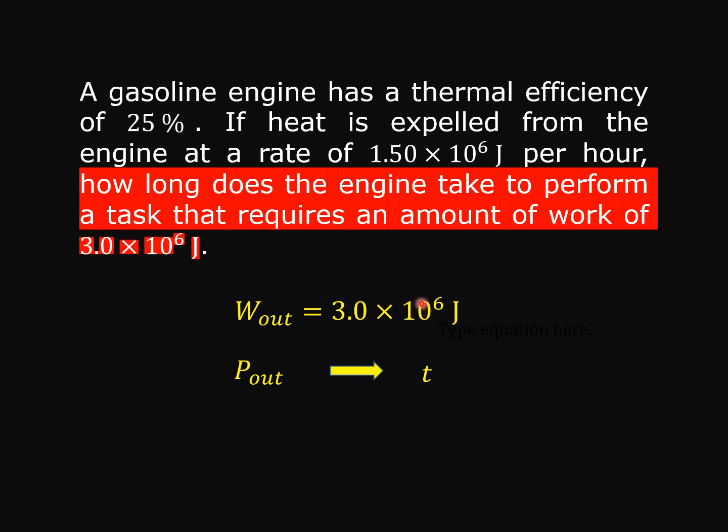That means how many seconds or how many hours are required for the engine to produce this quantity of output work. So what we need to do is find the power of the output. From the power of the output and with this known quantity, we can find the time required to produce this amount of output work.